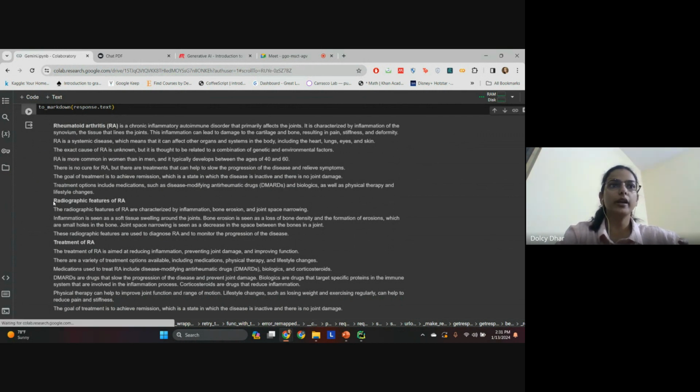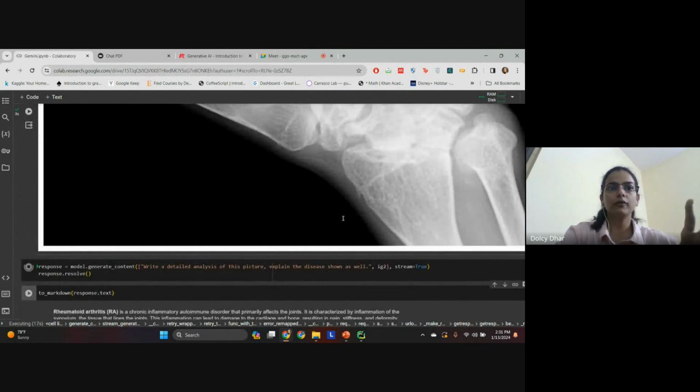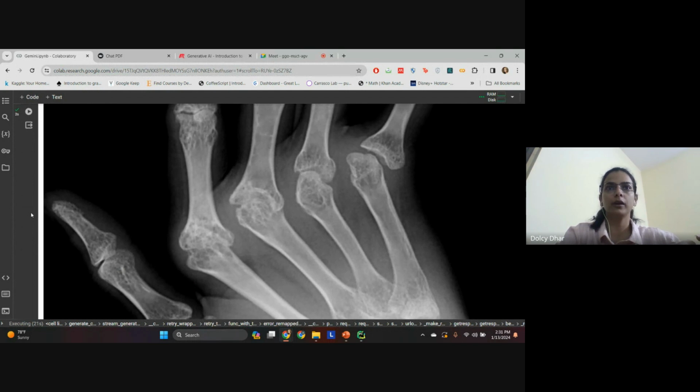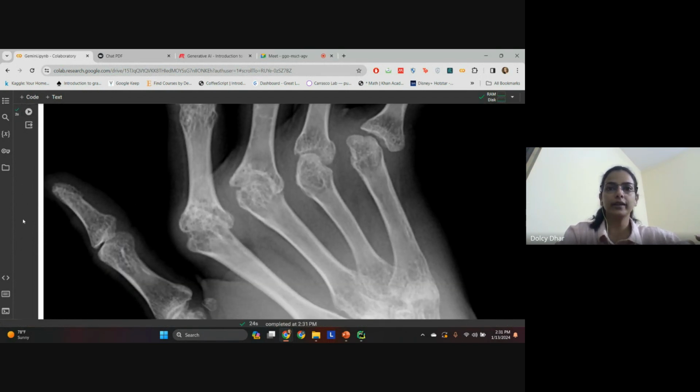It even gave me radiographic features of RA: inflammation, bone erosion, joint space narrowing. These are good for learning purposes, very good from a medical perspective. It did a very good job. This is just a PNG file actually, and not even an actual X-ray file.